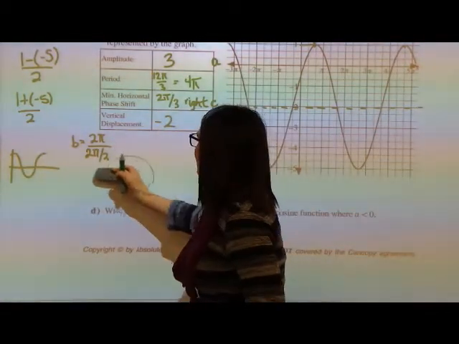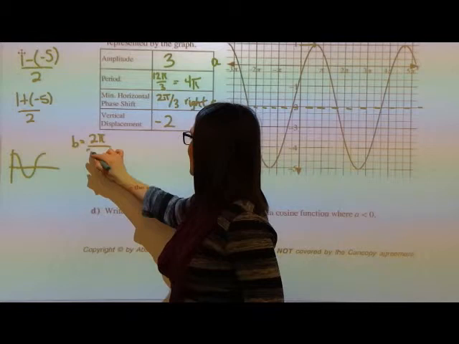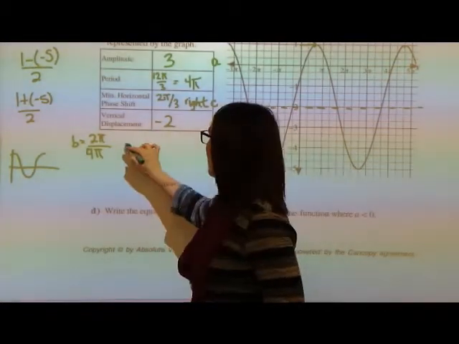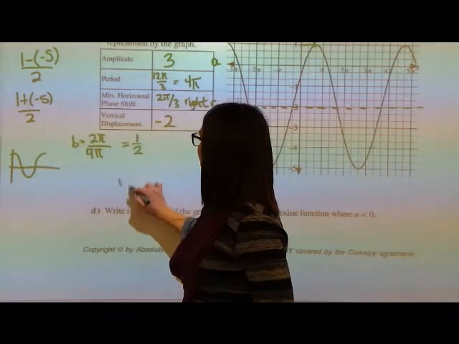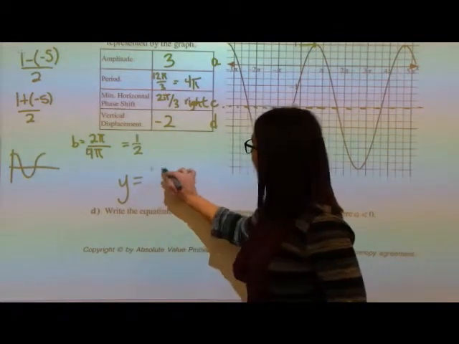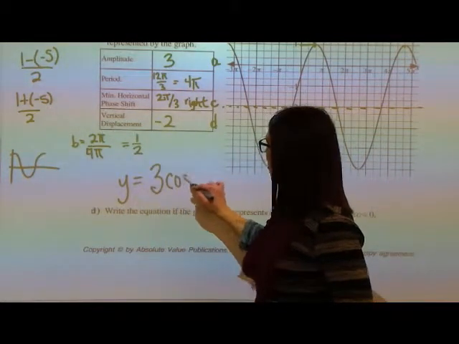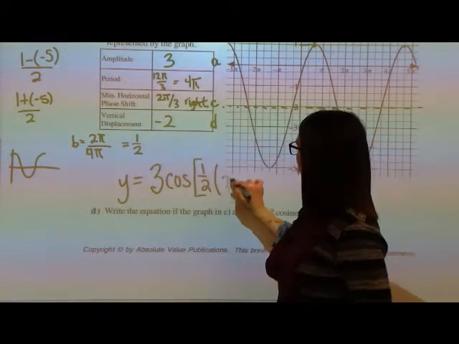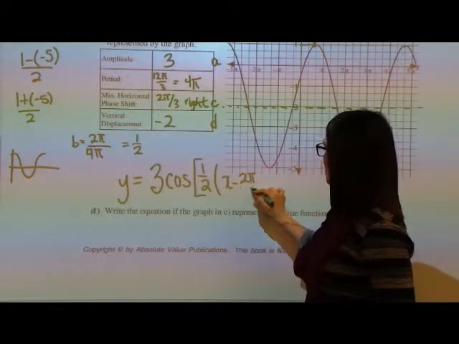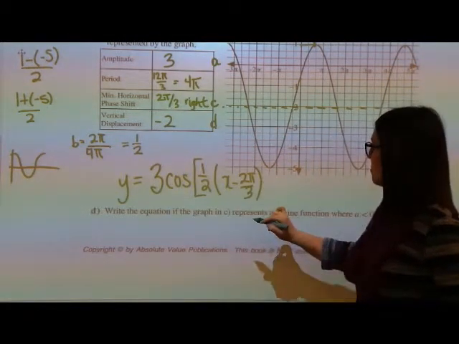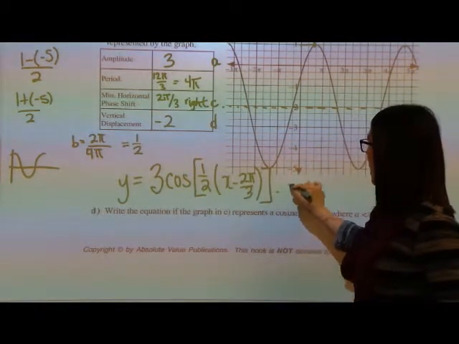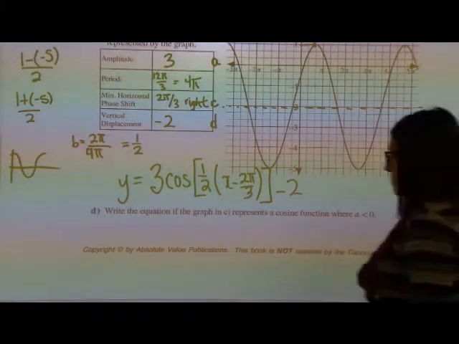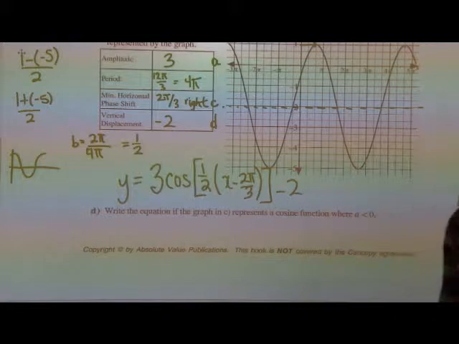I was thinking phase shift. Never mind. So 2 pi over 4 pi, 1/2. So then my cos graph would be y equals A cos B times x minus 2 pi over 3, minus 2. Okay, is that what you guys got?